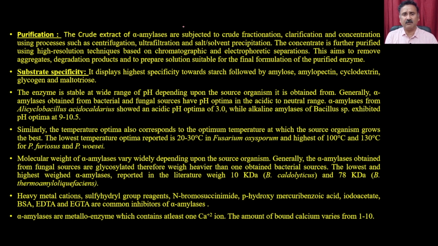The crude extract of alpha amylases is subjected to crude fractionation, clarification, and concentration, using processes such as centrifugation, ultracentrifugation, or salt precipitation. The concentrate is further purified using high resolution techniques such as chromatographic and electrophoretic separation. This aims to remove the aggregates and degradation products, and to obtain a solution suitable for the final formulation of the purified enzyme.